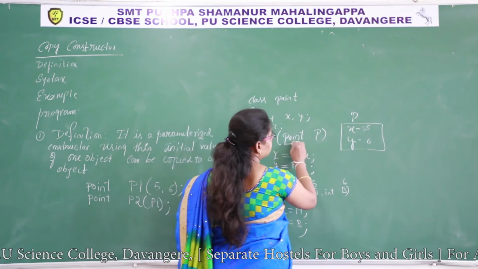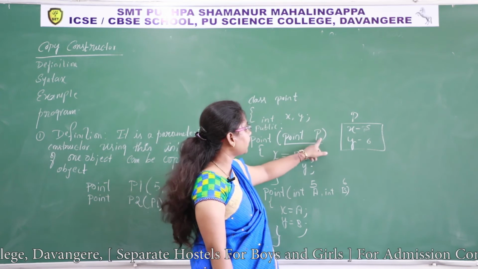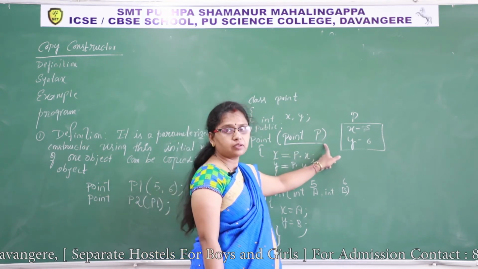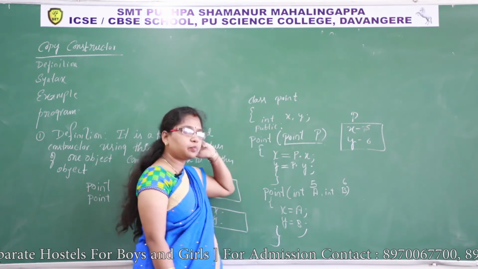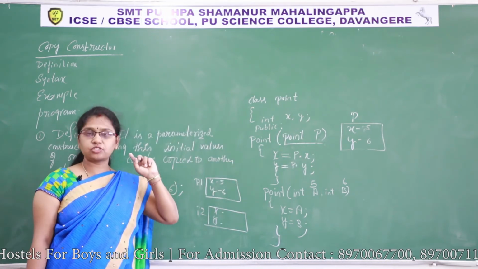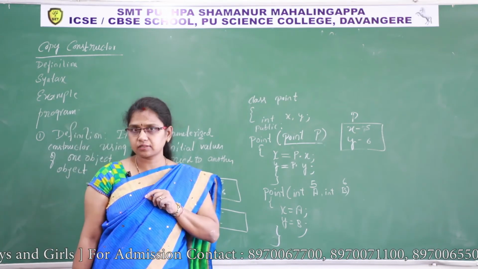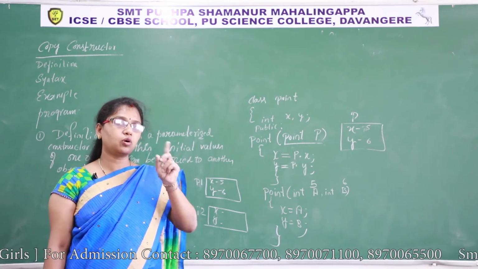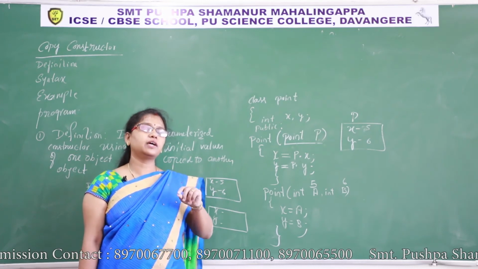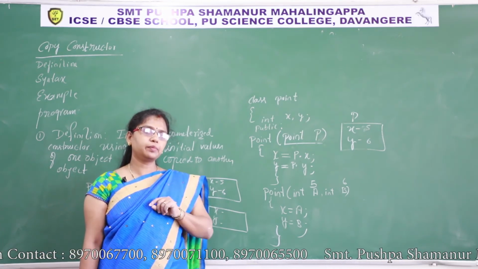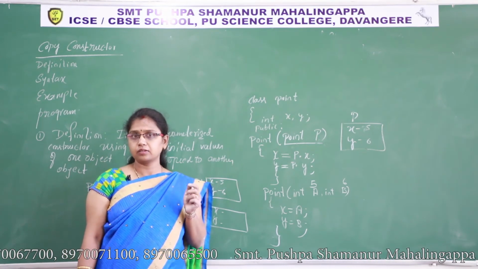See, we are passing a parameter here, no? What type of parameter are you passing? Point type. So it seems to be an object as argument, no? In the previous chapter, classes and objects, we discussed a program called sum of two complex numbers. There I passed one complex number, one object, as a parameter, and I invoked the function with the help of another object. Do you remember that C1 dot sum of C2 we had written there?